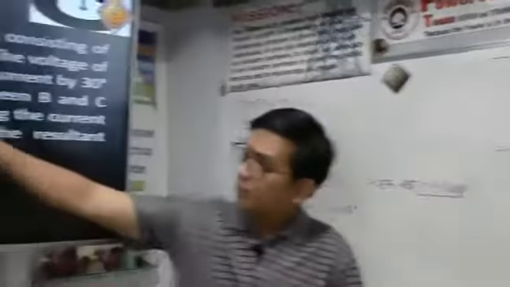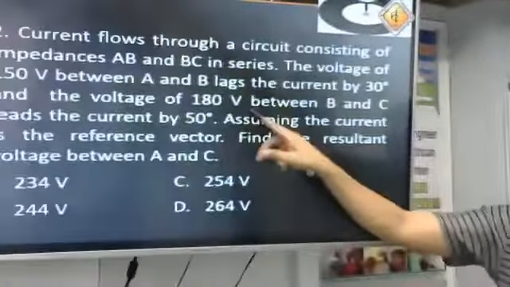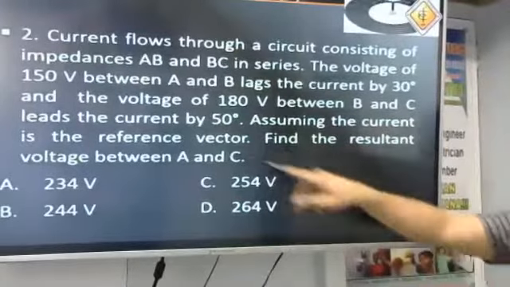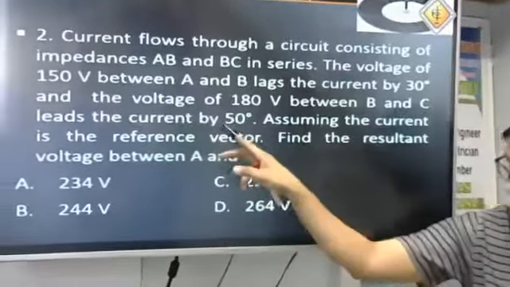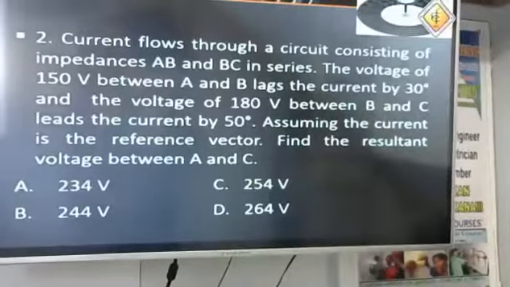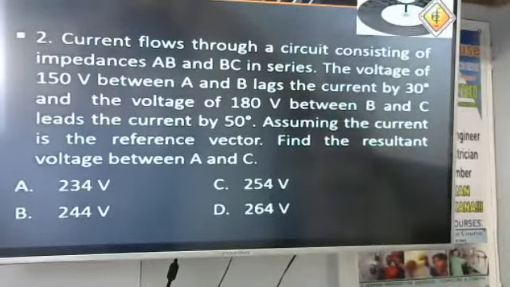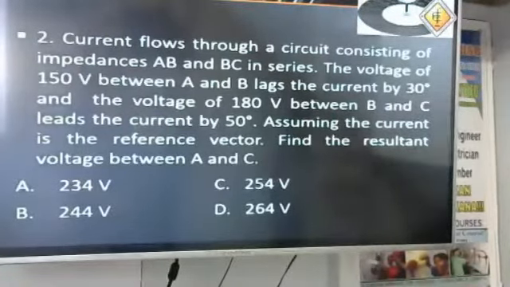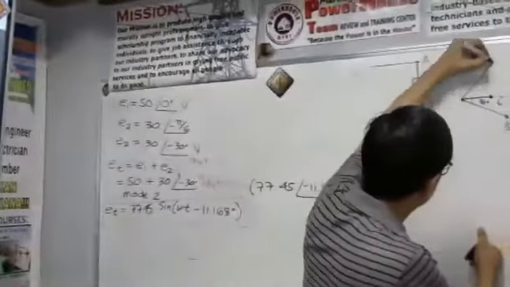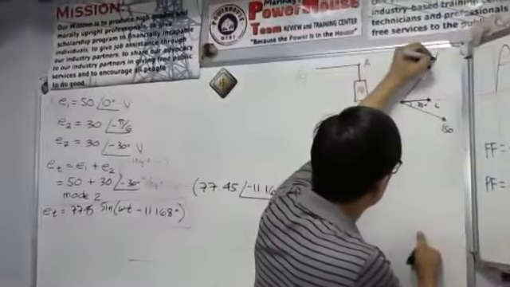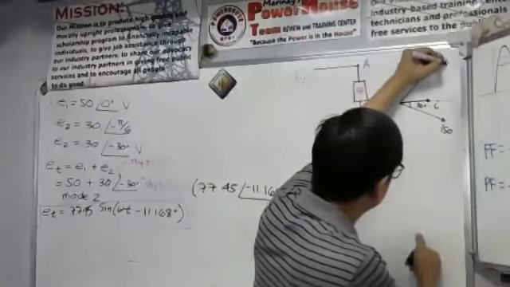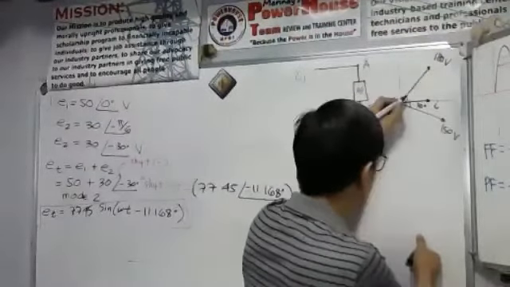And the voltage of 180 volts between B and C leads the current by 50 degrees. So we have 180 volts here, and this is 150 volts.